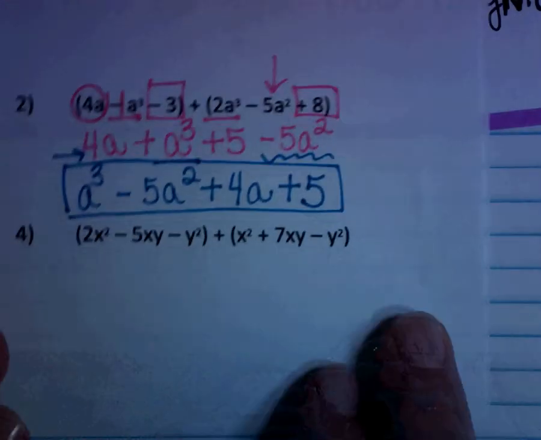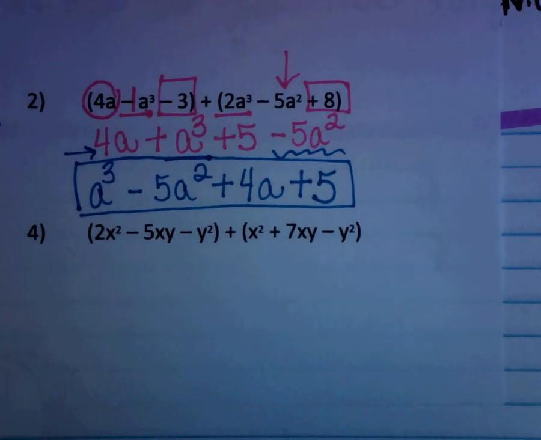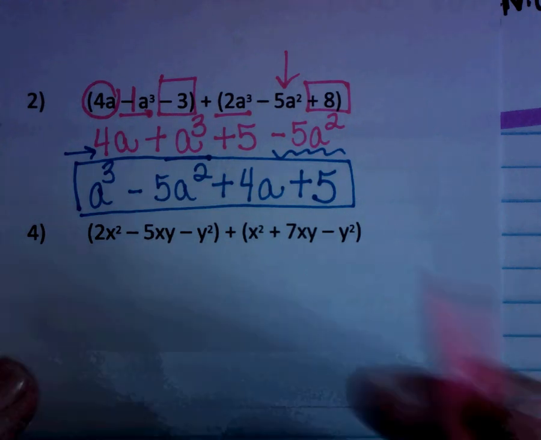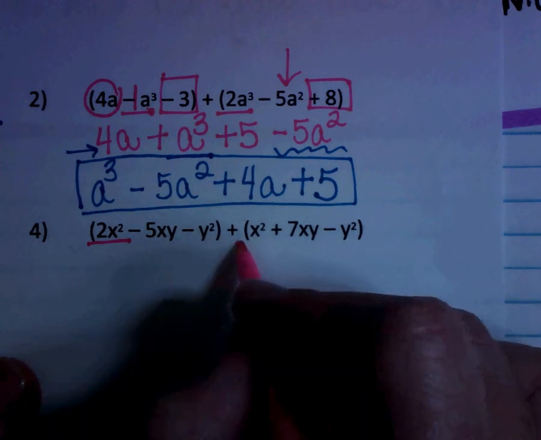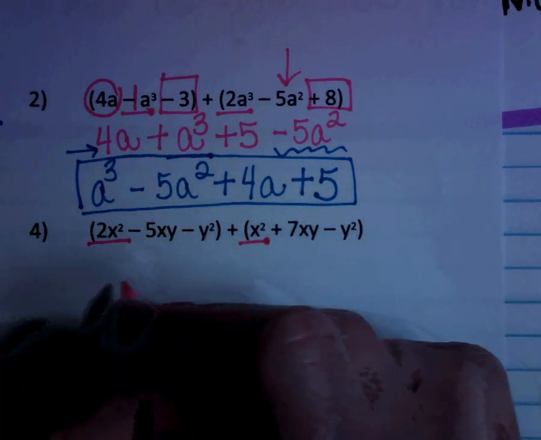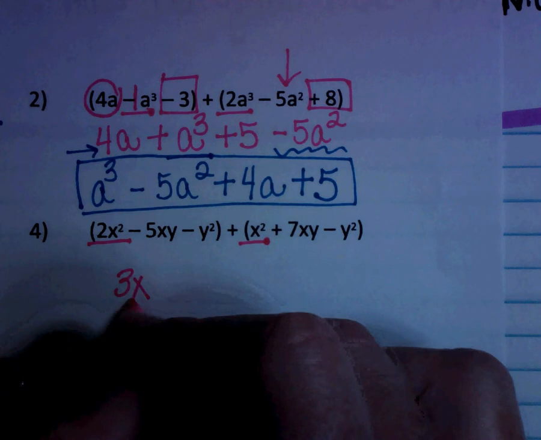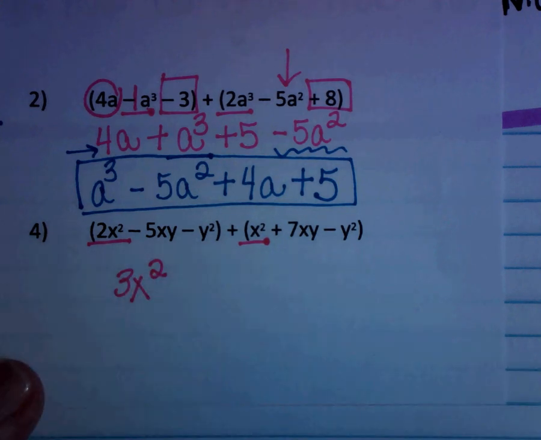Okay, last example. This one's getting a little bit trickier because it's got some double variables. Let's just start by combining like terms. So we've got 2x squared plus x squared. So that would be 3x squared.